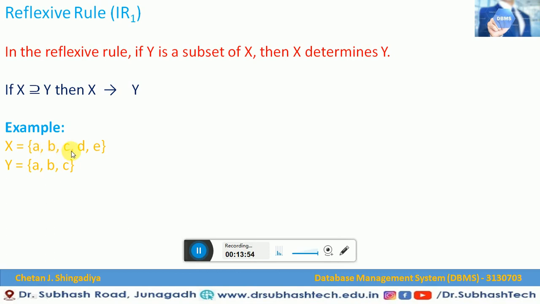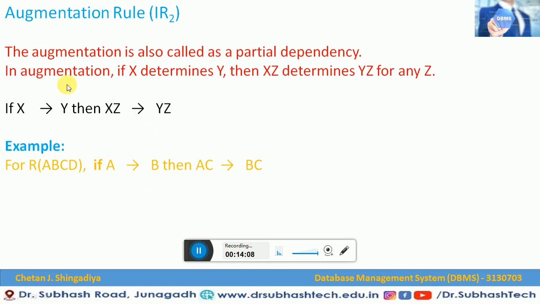Consider a table with two columns, employee ID and employee name. Now, in the brackets you can see employee ID and employee name determines employee ID is a trivial functional dependency, where employee ID is a subset of employee ID and employee name. This is one entity which covers two attributes, employee ID and employee name.